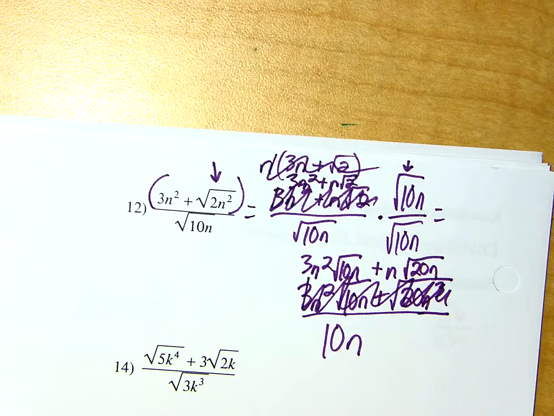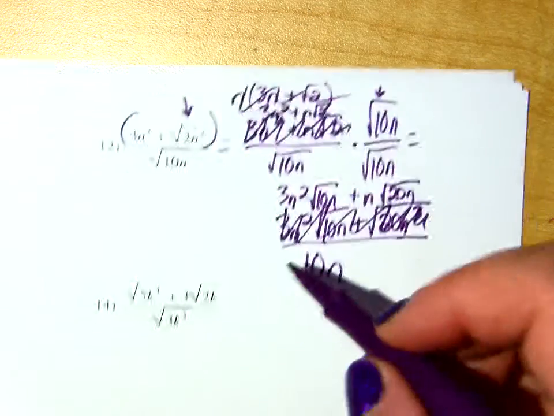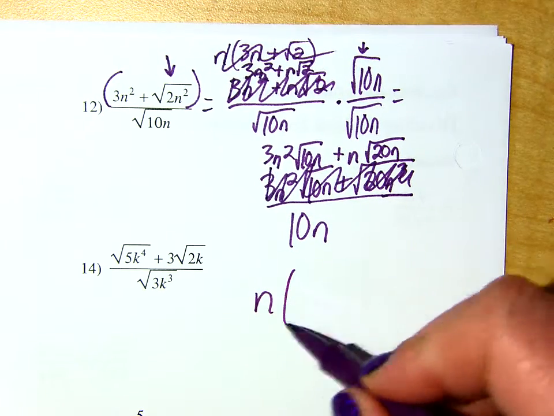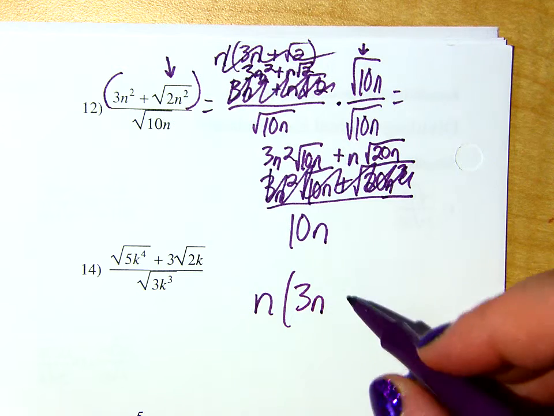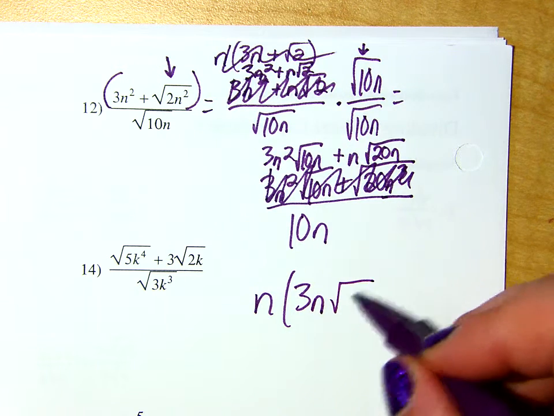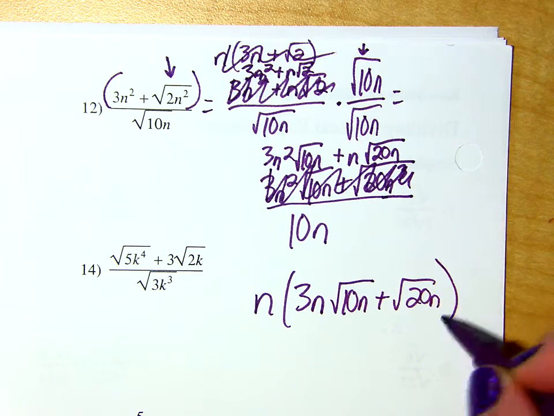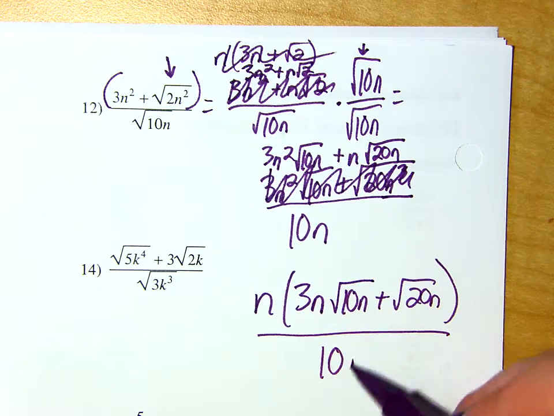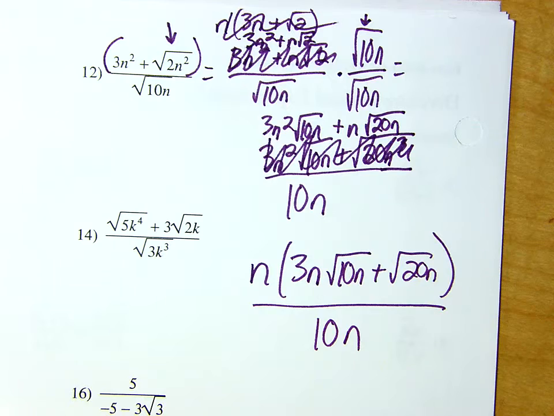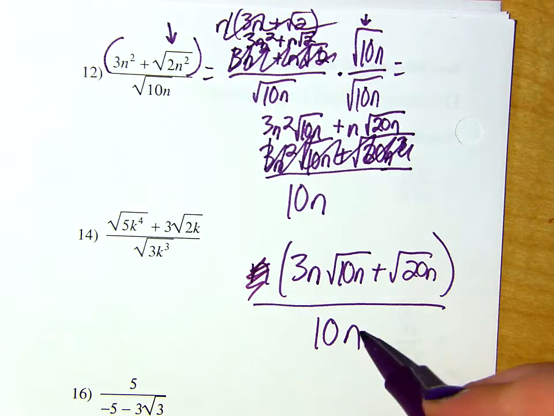So now we would factor out an n from the top. If I gave you one like this, it'd be bonus, because this one's a beast. All over 10n. Now, do you see something I can do right here? Yes, the n's cancel with each other.